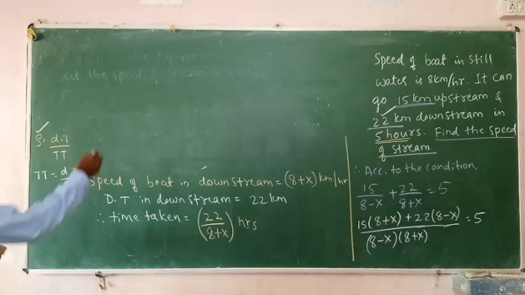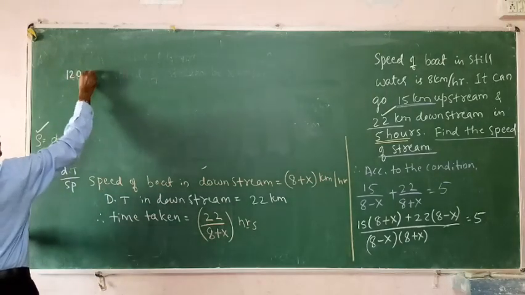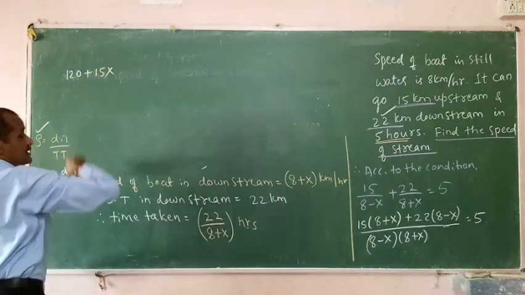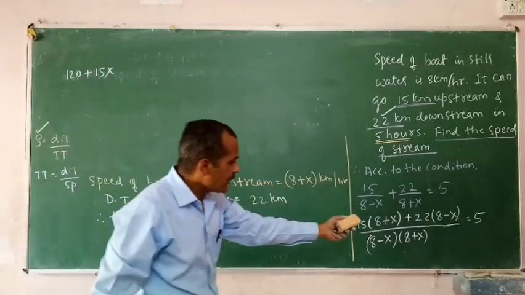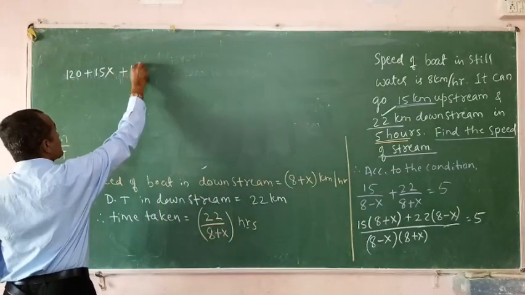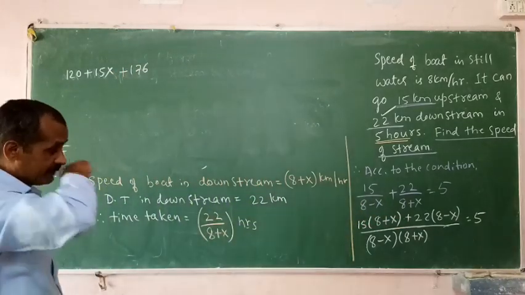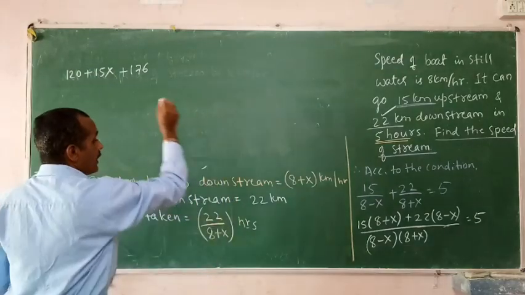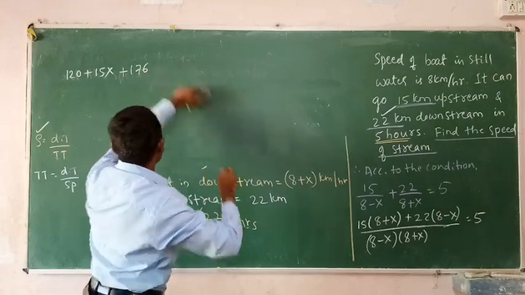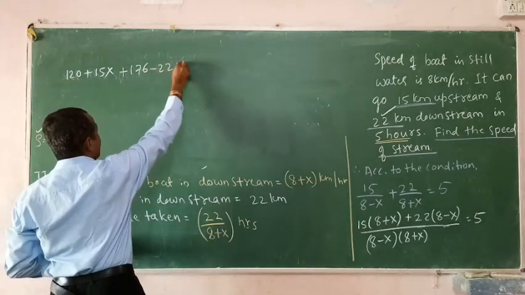Simplify. 15 8s are 120 plus 15x. 22 8s are 160 plus 16, 176. Plus 22x, or minus 22x, it is minus 22x.